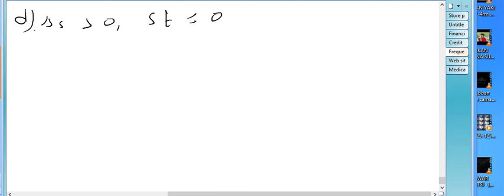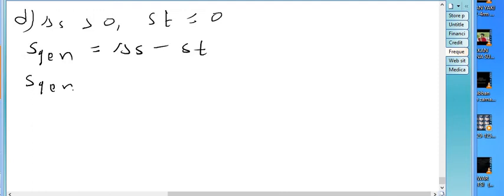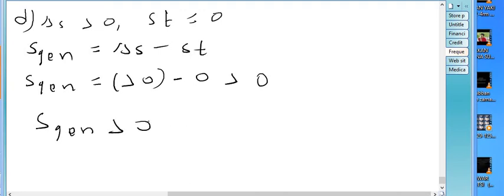By the second law of thermodynamics, the entropy generated is equal to the entropy change minus the entropy transfer. So the entropy generated is equal to the entropy change, which is greater than 0, minus 0. Something greater than 0, that is from 1 and above, minus 0, is greater than 0. So the entropy generated is greater than 0.